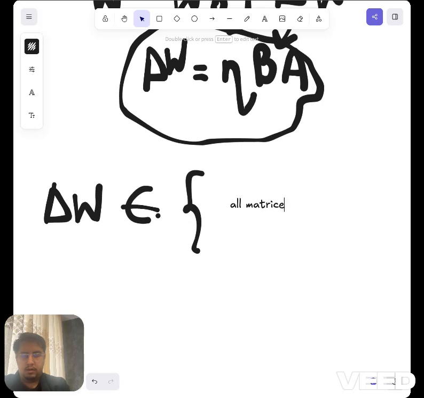All matrices of rank that are basically less than or equal to R.